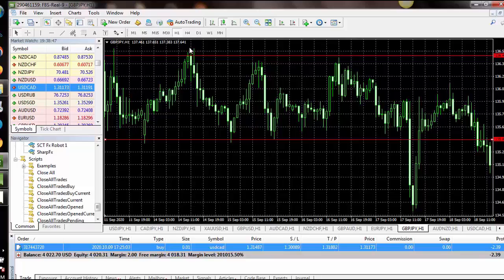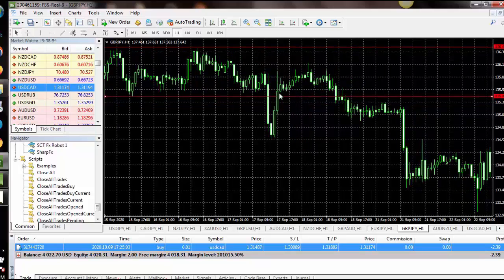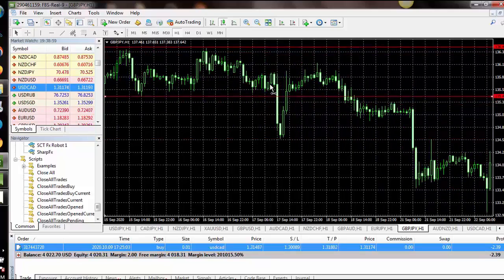When the market gets to that area, sometimes the market can break. Like now, look at it here. The market gets to around here, it breaks down and moves down. So there's what we call a breakout. There might be a breakout from the normal resistance.